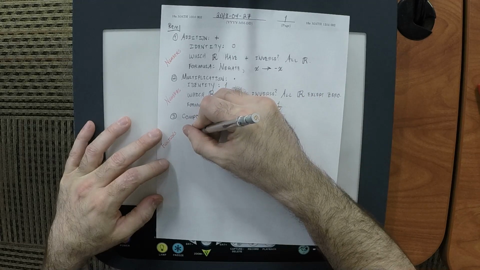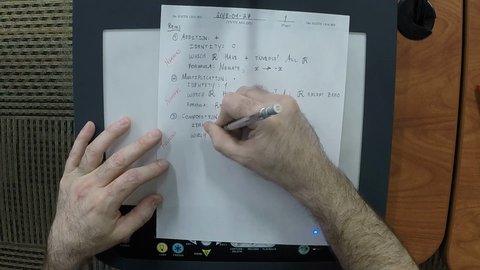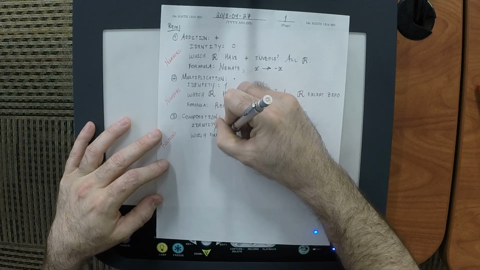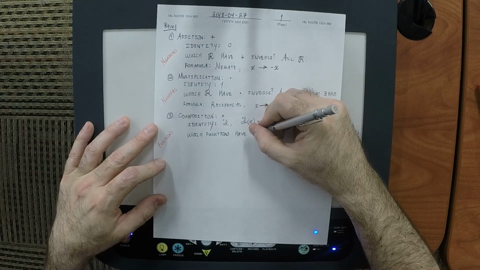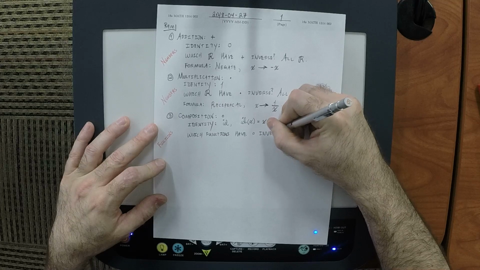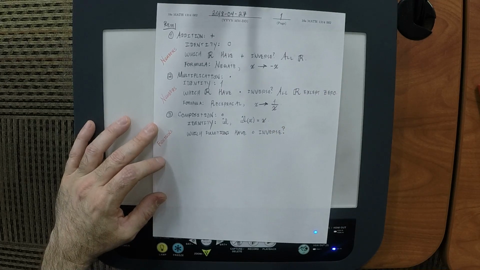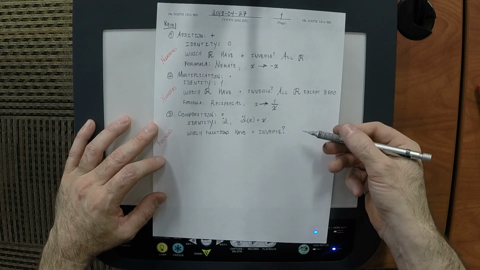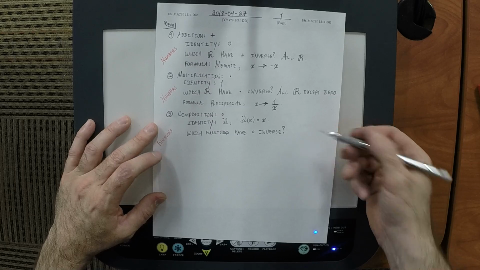Identity, and then now the next question is, well, which functions have a compositional inverse? This is what we did last time. The answer to this question: the injective functions.